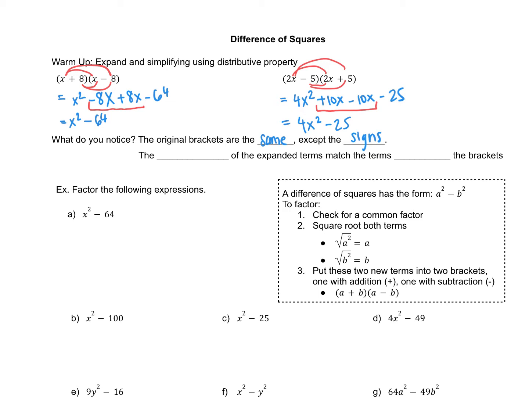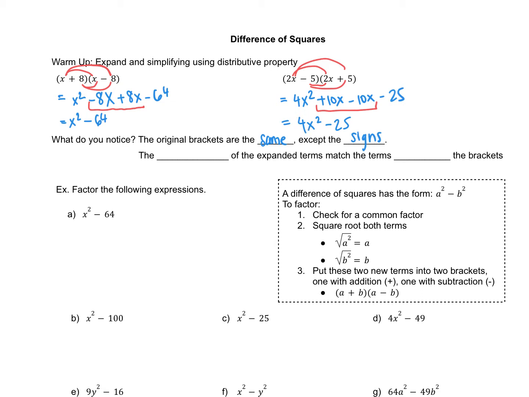Also, if we try to square root these terms, if I square root x squared, that's just x, because when you square root a number, you're asking yourself what times itself gives me that number, and x times x is x squared. And here's the x in our bracket. The square root of 64 is 8, because 8 times 8 is 64, and that's something you can check in your calculator.